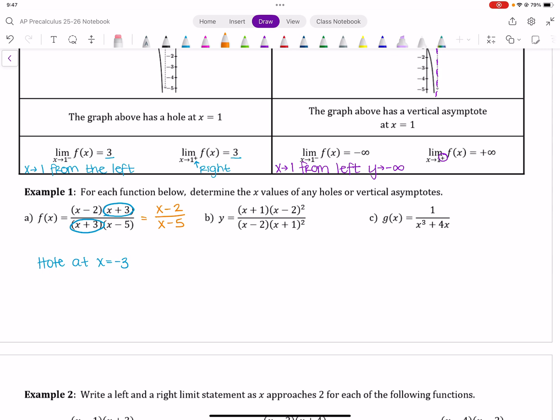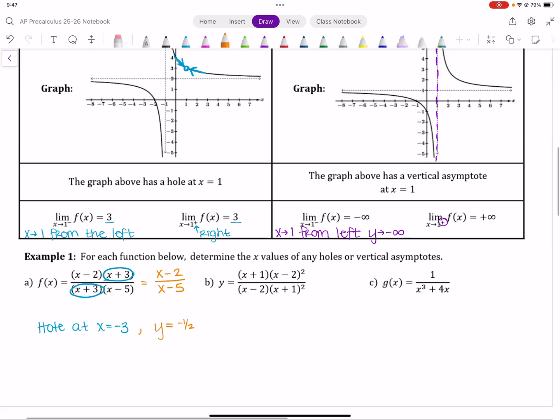And if I think about substituting 3 in there, 3 minus 2 would be 1, 3 minus 5 would be -2, so we would be at -1/2. So our hole in our graph, or our open circle, similar to this guy from our previous example, would be at -3, -1/2. So you identify where your hole is, that x value, simplify your rational function, and then put the number from your hole into that function.